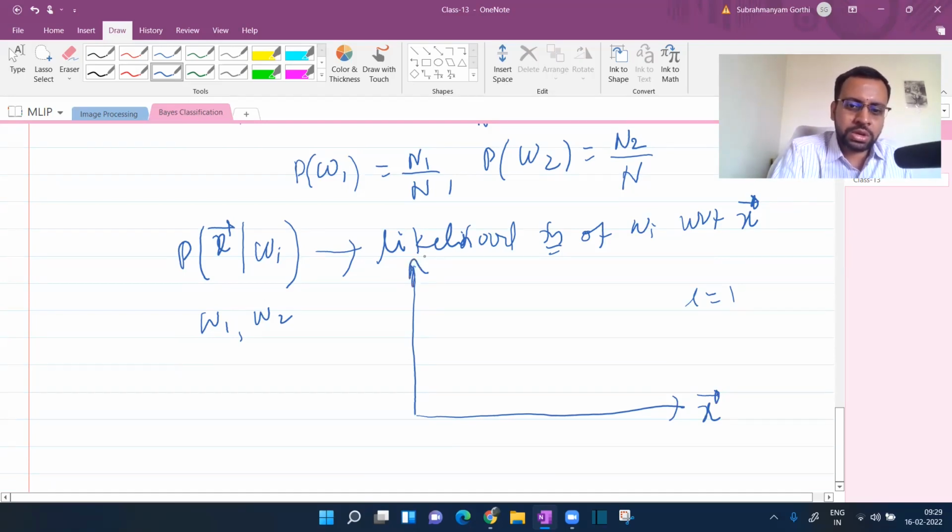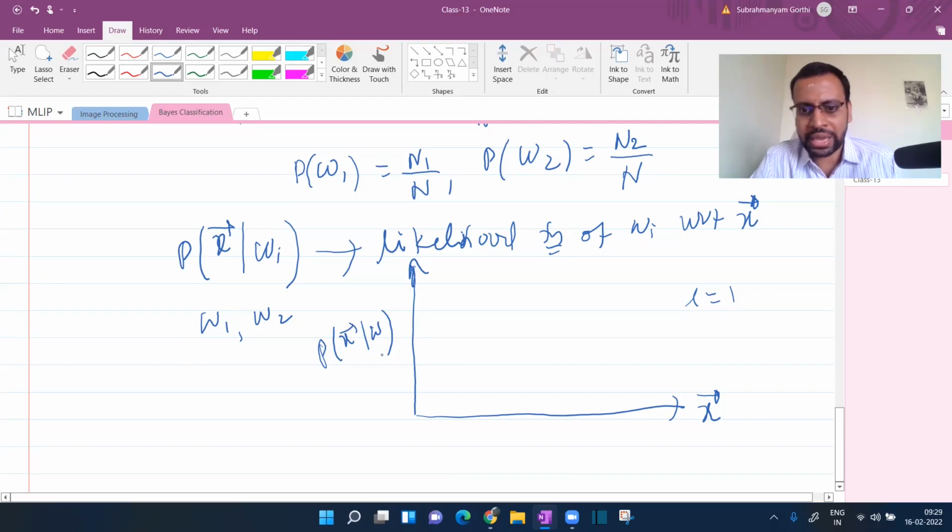Now the probability of x bar given omega is what I'm going to plot on the y-axis.